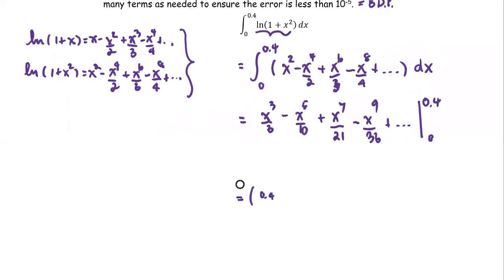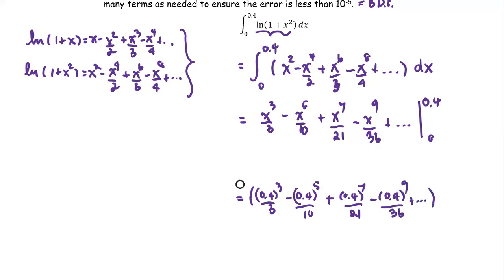We get 0.4 to the third power over 3 minus 0.4 to the fifth over 10 plus 0.4 to the seventh over 21 minus 0.4 to the ninth over 36, and so forth, subtracted by the value from replacing with the lower limit 0, which turns out to be all 0.